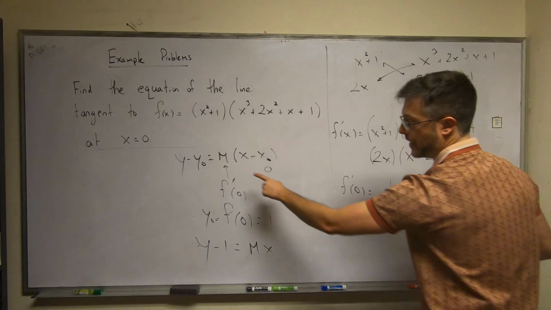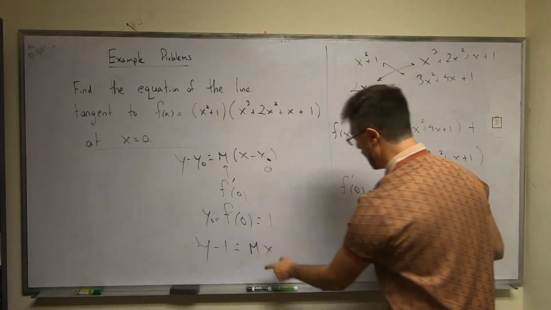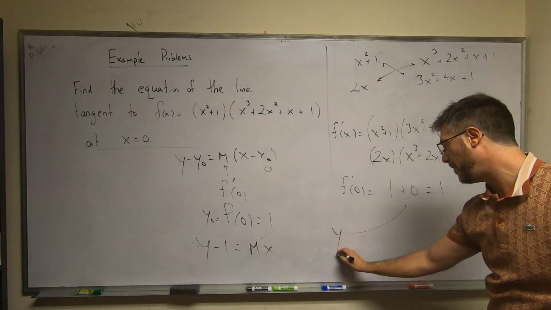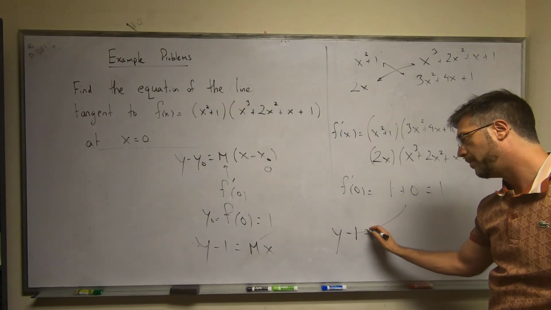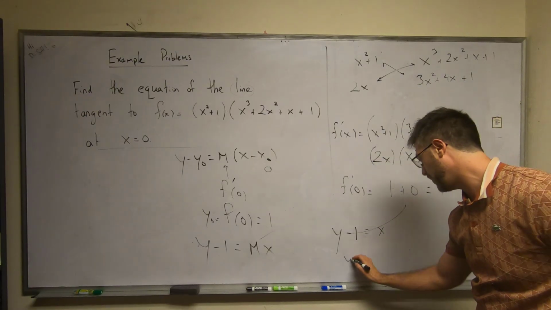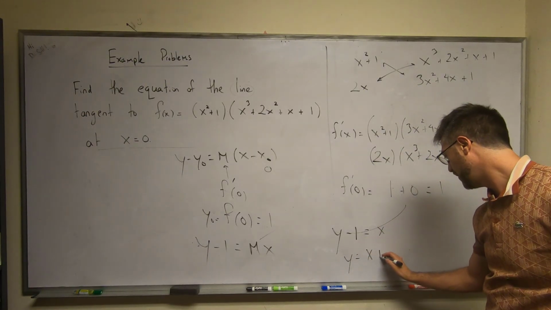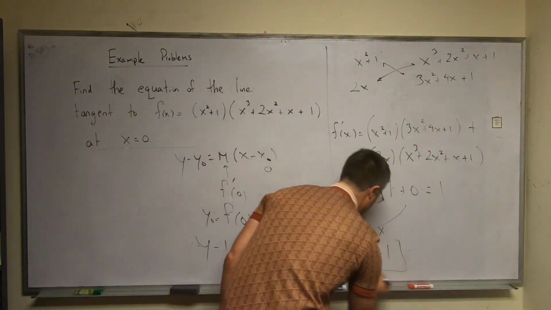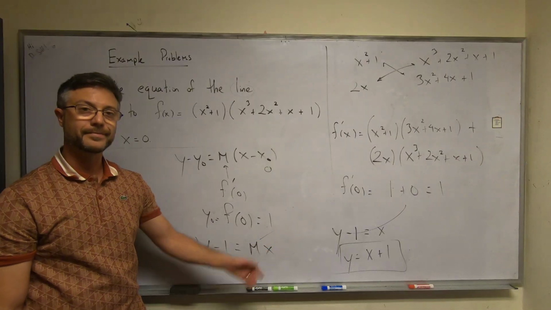So we could then update our formula. After processing down to this point, we just need to plug in the value that we got for m, so that y minus 1 is 1 times x. And this one's really quick to put it into the mx plus b form. So we'll close out with that. That's the equation of our tangent line.